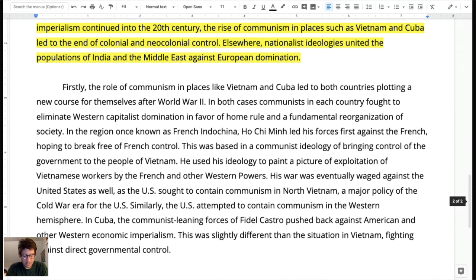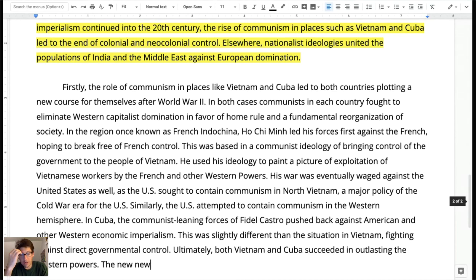And so now I'm probably at a place where I want to wrap this paragraph up. Ultimately, both of these, both Vietnam and Cuba, succeeded in, excuse my typos, outlasting the Western powers.